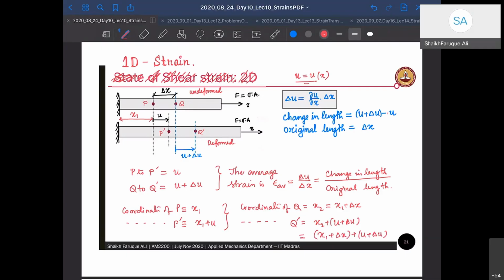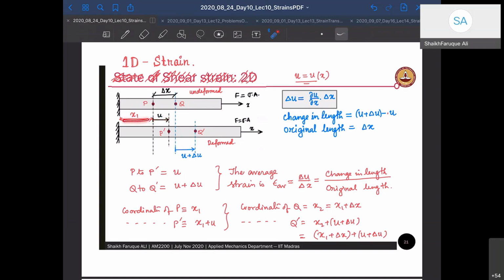I'm giving you a minute to look into it and ponder over it. I'll tell again, coordinate of P is x1. My Q in my original configuration was dx distance apart from P. So coordinate of Q is going to be x1 plus delta x, which I can name x2, not a problem. Now coordinate of P dash is going to be x1 plus u, since it has moved by u after deformation.